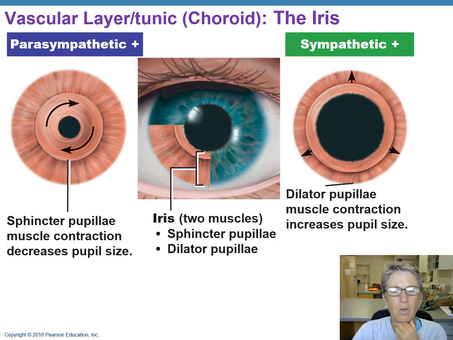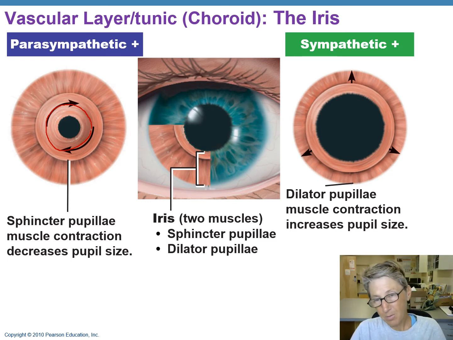And we saw this when we talked about the cranial nerves, but under parasympathetic stimulation, the sphincter pupillae of the iris will contract, and you'll decrease pupil size.